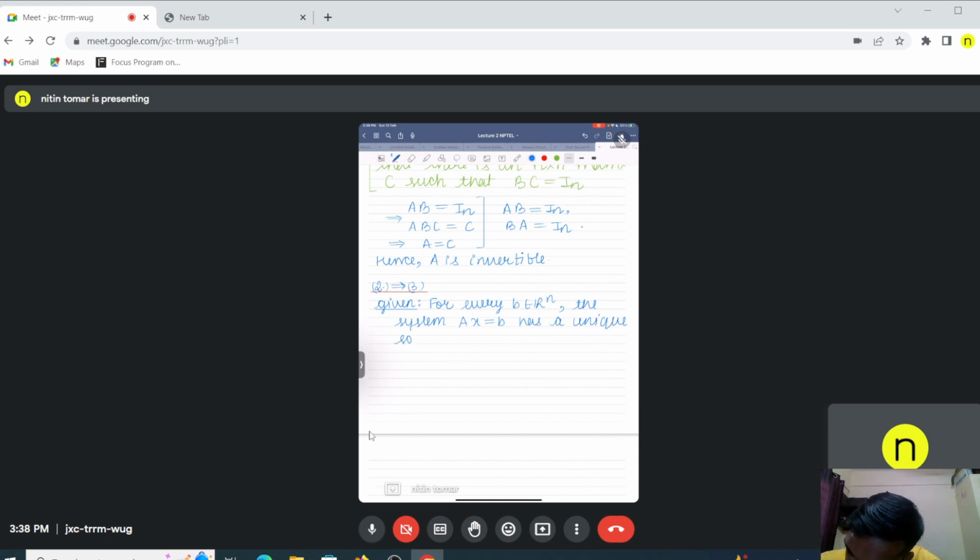Do you agree with this? Yes, sir. I agree. Okay. Now, what do you have to show? You have to show 4, right? What is 4? Ax equal to 0 has a unique solution.